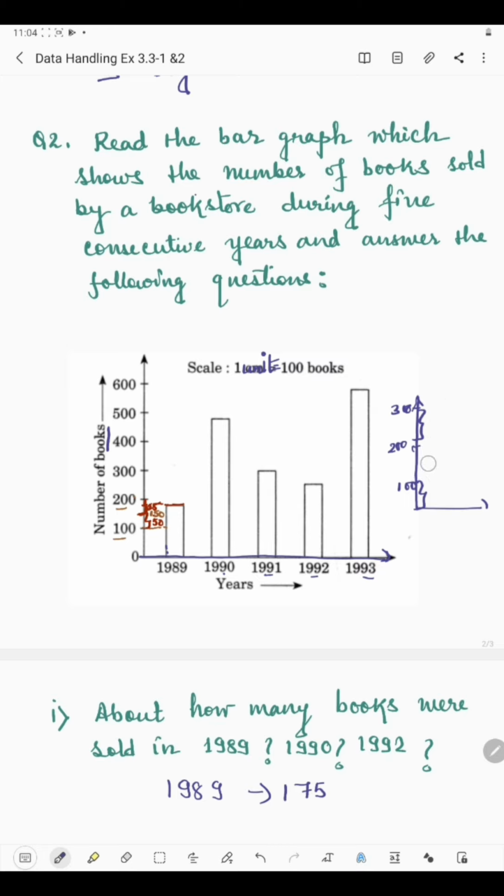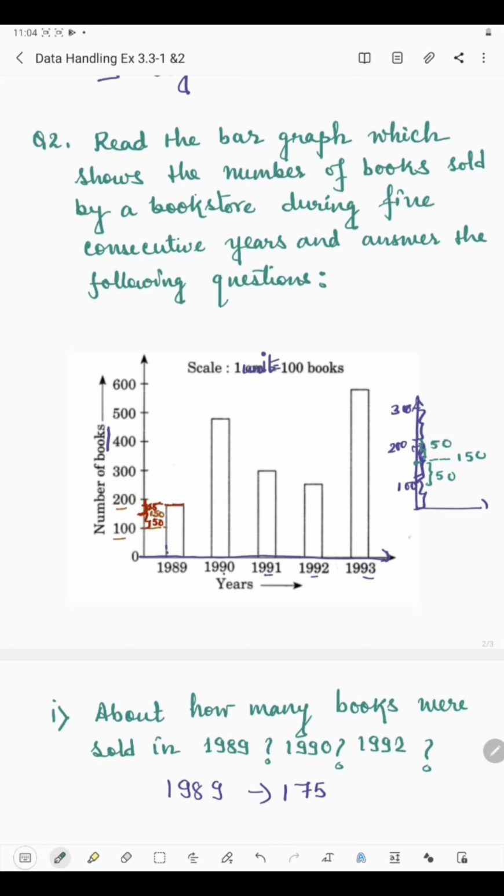Now between 100 and 200, exactly in between is 150. That means up to this is 50, and from here to here is 50.